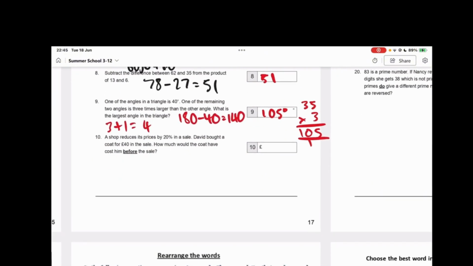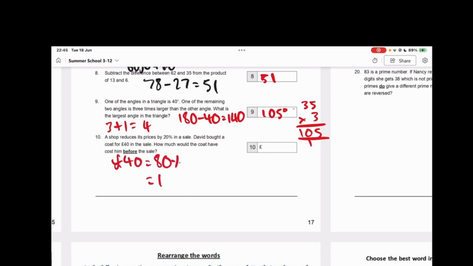Question 10. The shop reduces its prices by 20% in a sale. David bought a coat for £40 in the sale. So how much would the coat have cost him before? So if the price was reduced by 20%, we know that £40 is the equivalent of 80%.